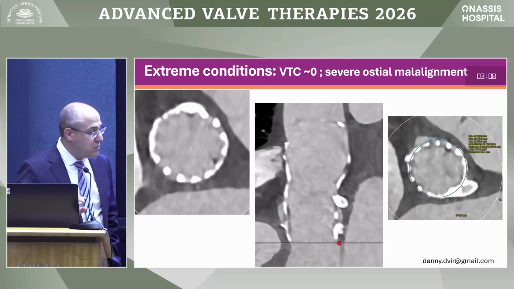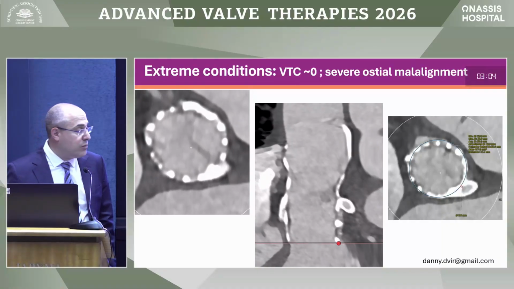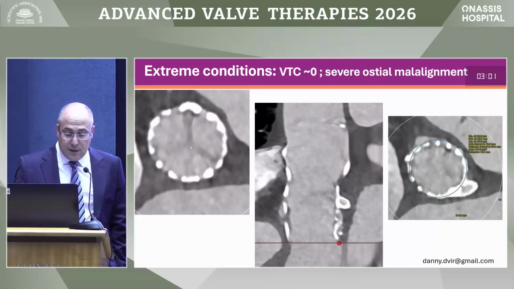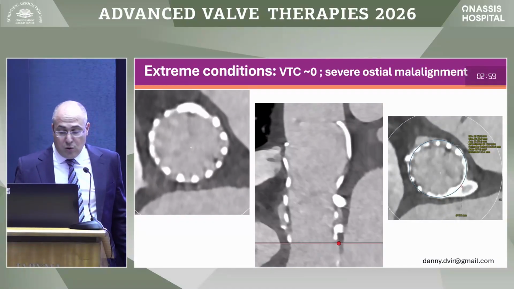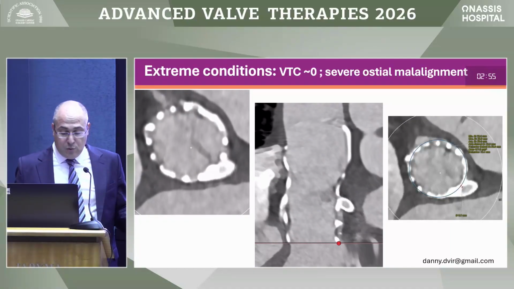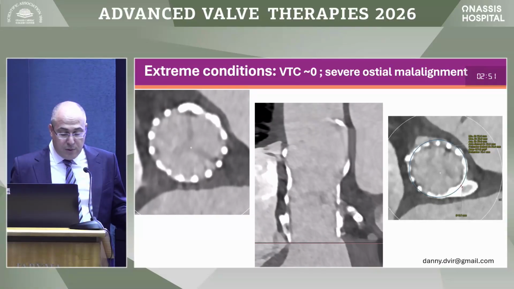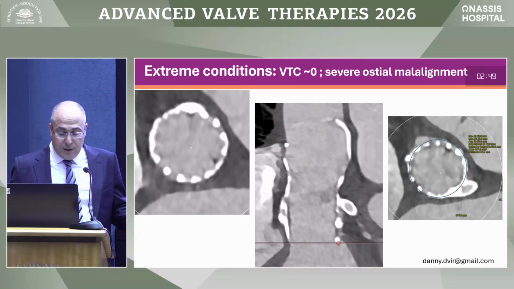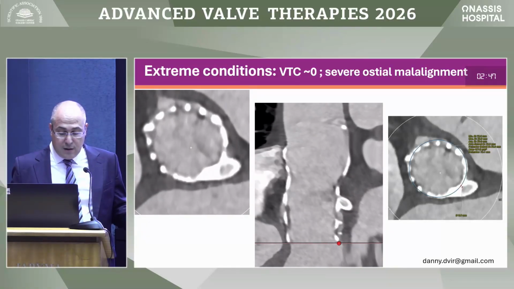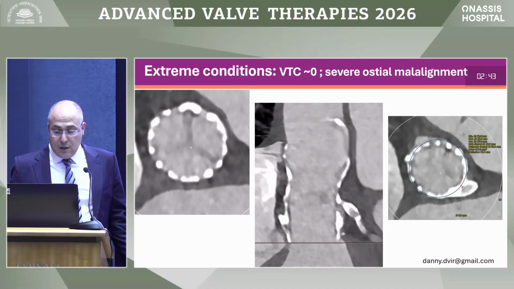But what do we do in cases in extreme conditions? And these cases eventually will come. Here we can see a severe commissure ostial malalignment. We see that there is a commissure of a failed Evolut in front of the coronary ostium, and we have no gap at all. There are no sinuses here. The coronaries are emerging in a very abnormal place.